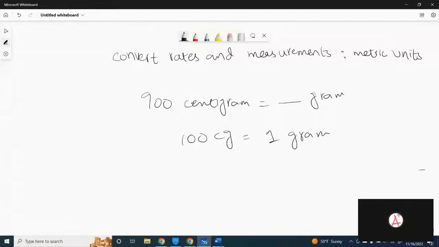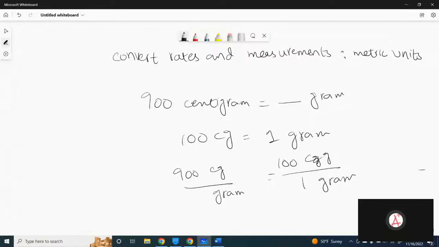So you just make a proportion between them. You have 100 centigrams divided by 1 gram. Then you are given 900 centigrams and you have to check how many grams are in 900 centigrams. So just use the equivalent ratios.